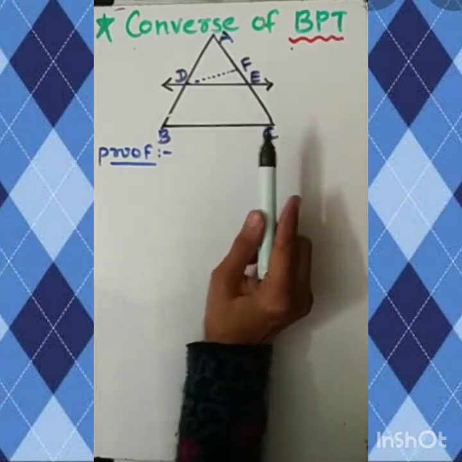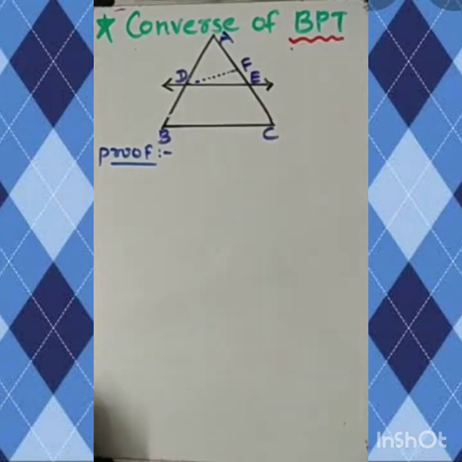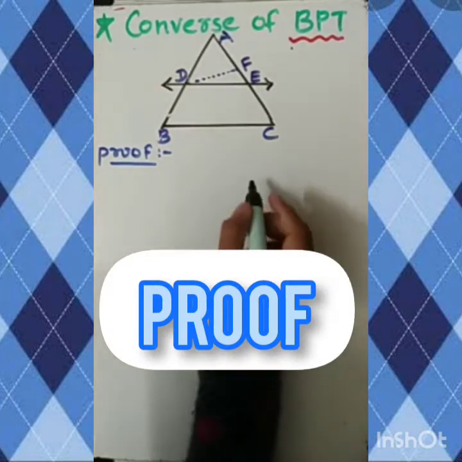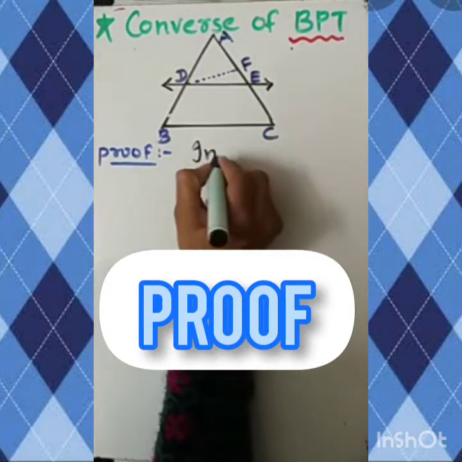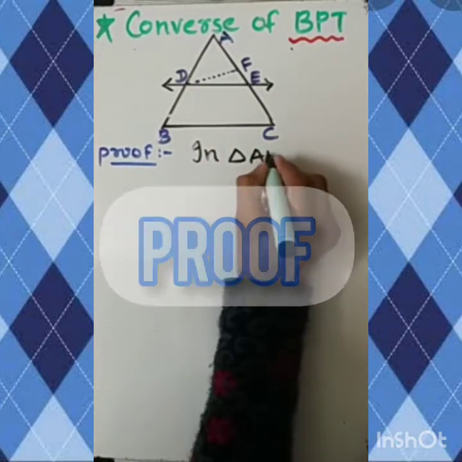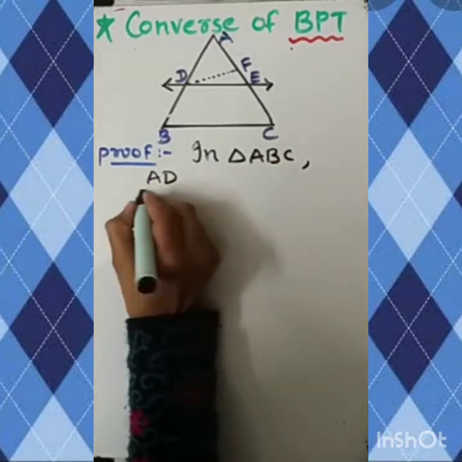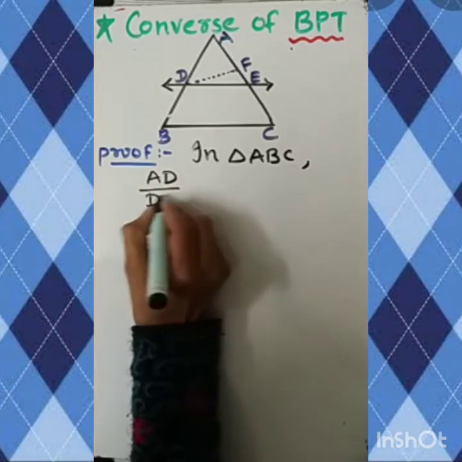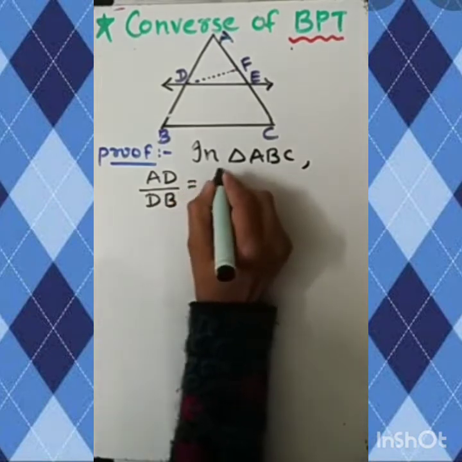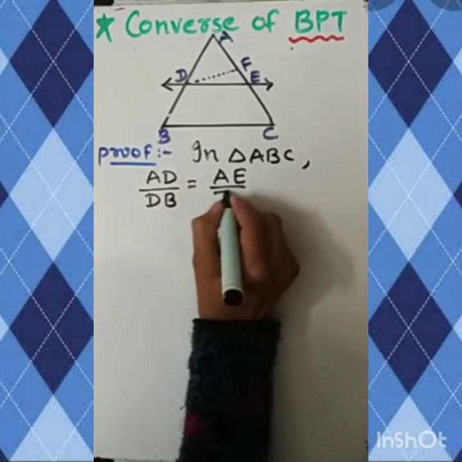Now let's see its proof. Make yourself ready for the proof. In triangle ABC, observe carefully, AD upon DB is equal to AE upon EC.